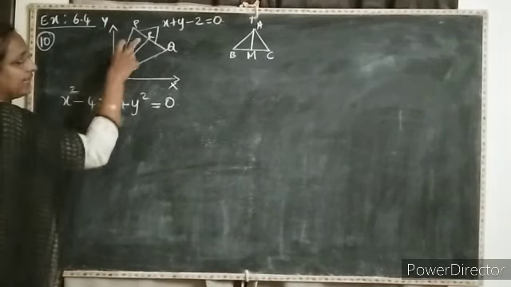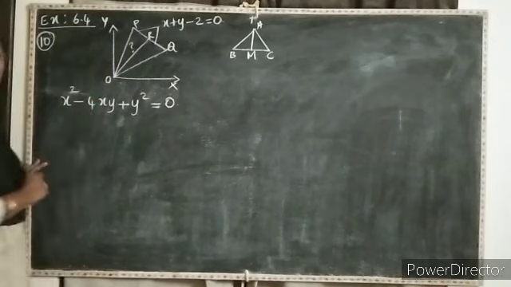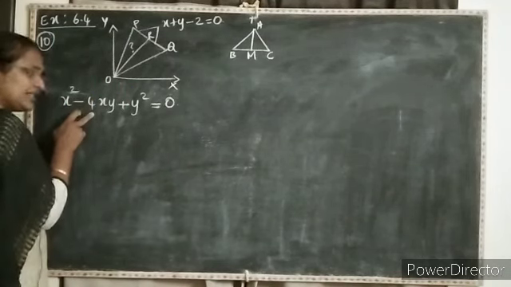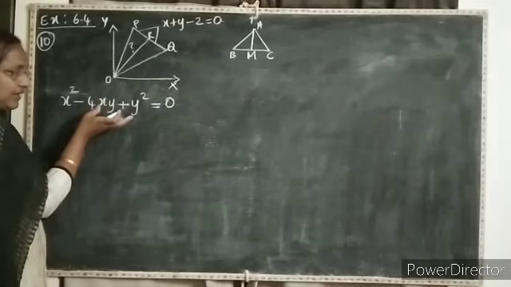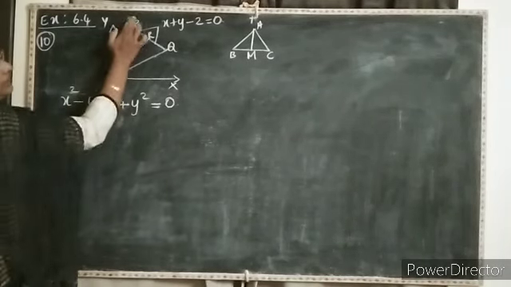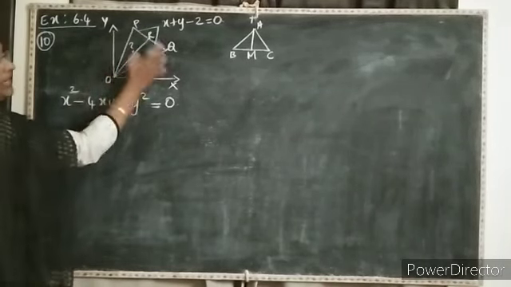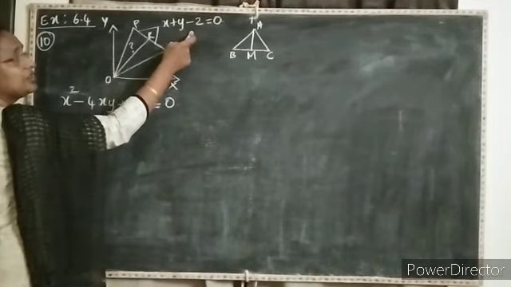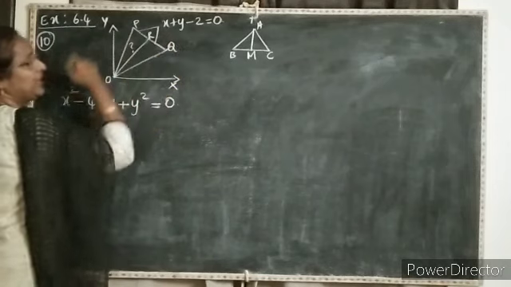Now we are supposed to find the equation of OR. Is it clear for you? Already one equation is there, that is the pair of straight lines forming the triangle OPQ. The other equation given is the line equation of PQ.